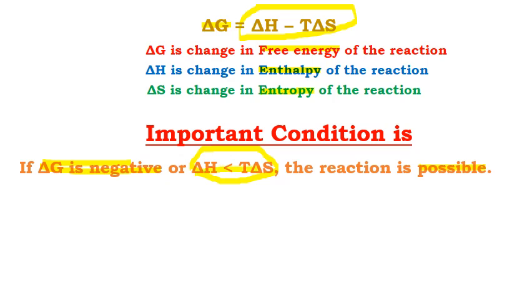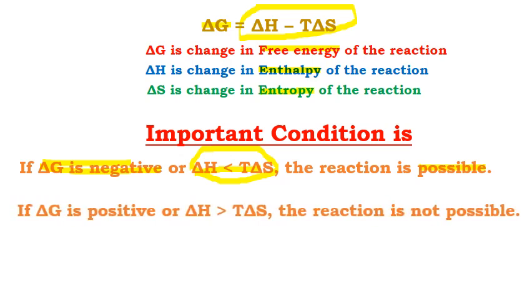Right. Similarly, if delta G is positive, what does it mean? In this condition, delta H should be greater than T delta S. So if delta H is greater than T delta S, then the reaction is not possible. Right. Finally, one more condition is there. What about delta H equal to T delta S?